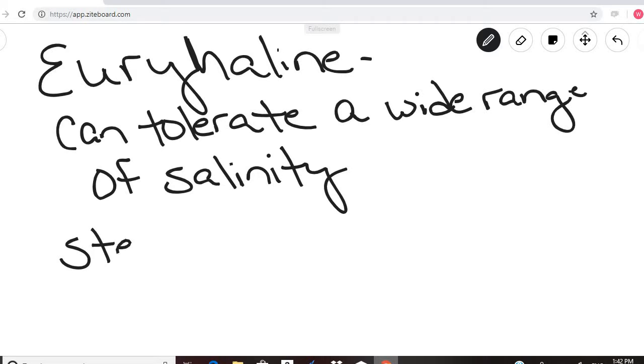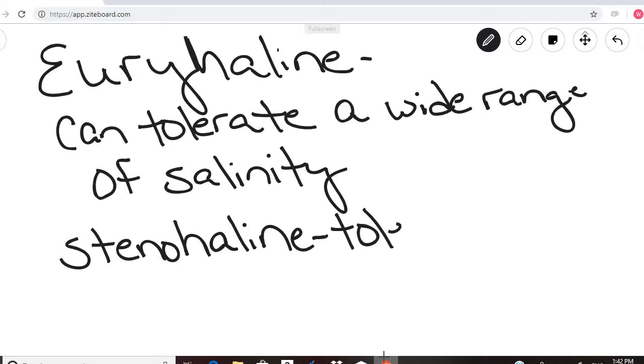Stenohaline are organisms that can tolerate a narrow change in salinity. So they're not very tolerant of changes in salinity.